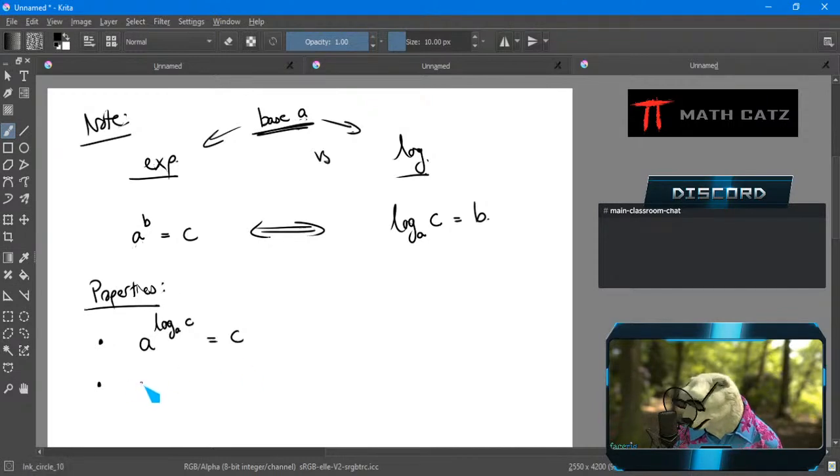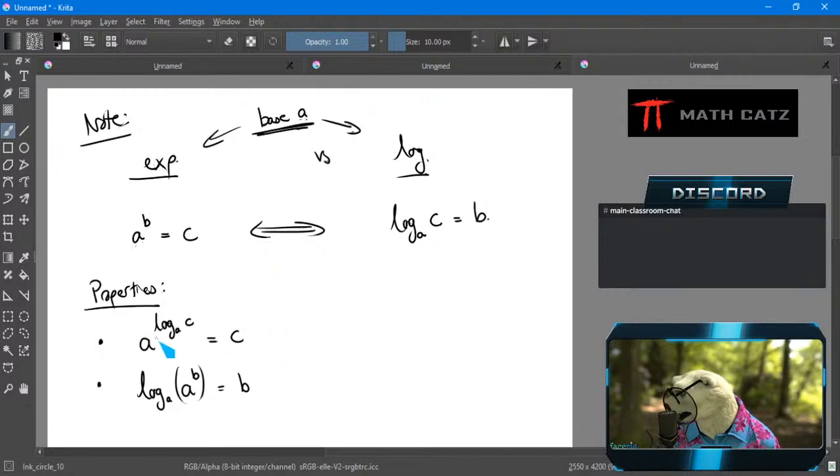It's really quite simple. And the other one, log base a of a to the b is just b. Because inside the log, I have an exponential calculation. What is the power of a that would get me a to the b? Obviously b, right? If you understand how these things are related, these are trivial.